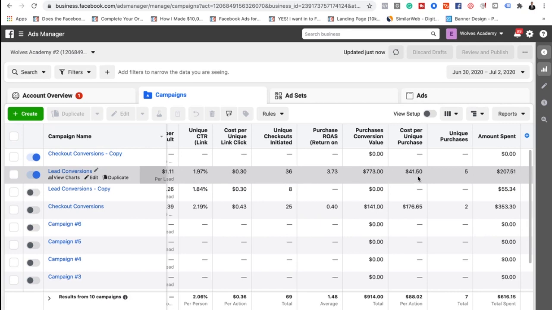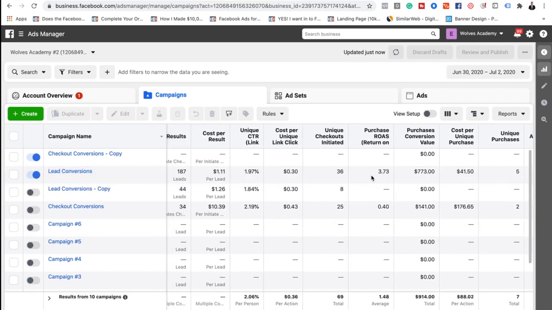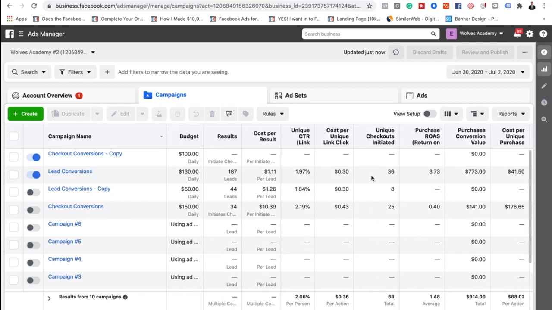So this one is way above KPIs. It's below the $60 that we want, and it has 5 purchases at $773. So this is way above KPIs. So we're gonna go ahead and actually keep this one running, and that's why we increased it from 100 to 130. So what we did is we increased to 130 for the winning campaign.